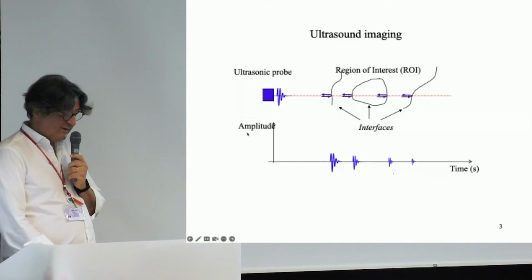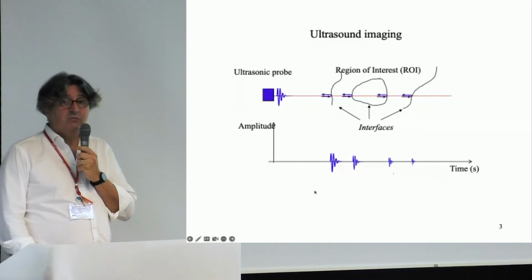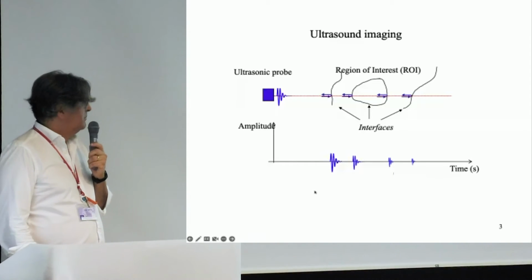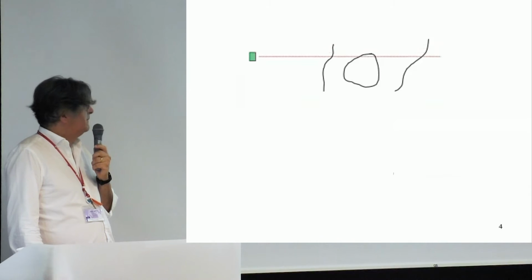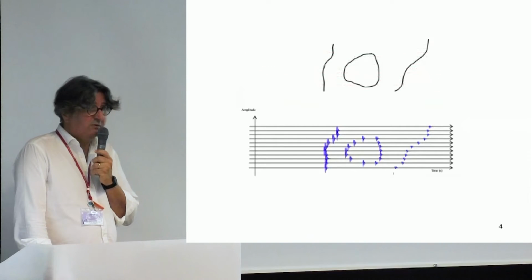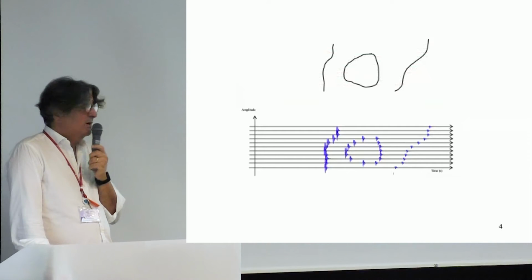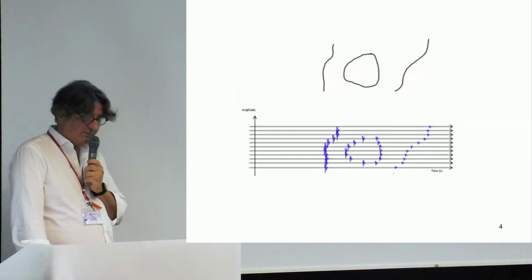This representation of the amplitude versus the time is typically what we call a scan. But if now we decide to move the transducer from one side to another, then we will be able to reconstruct the region of interest. And this is how we make imaging.